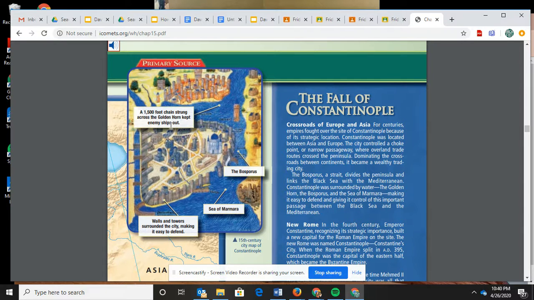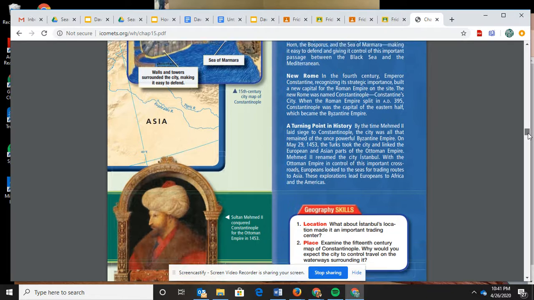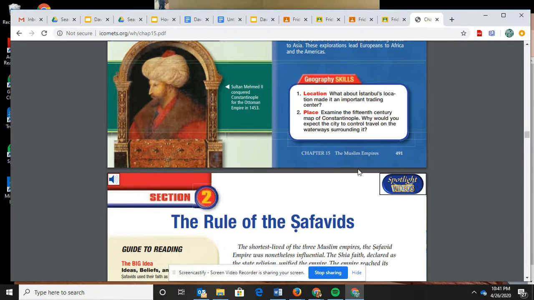This was the siege of Constantinople, and it talks about when the Hagia Sophia fell, and the Muslims got in there and saw how devastated it was. They said, I can't believe what we have done, the marvel that we just destroyed here. There is Mehmed II, Mehmed the Conqueror.